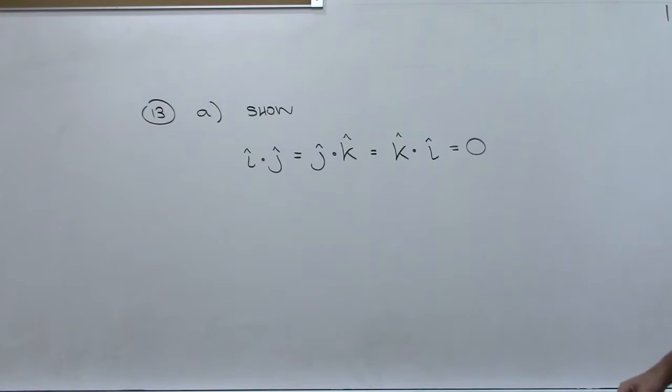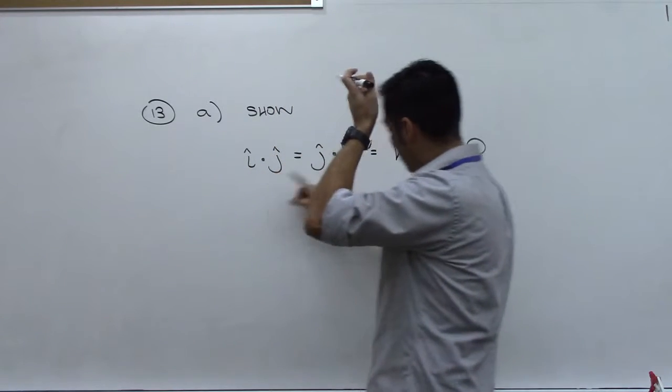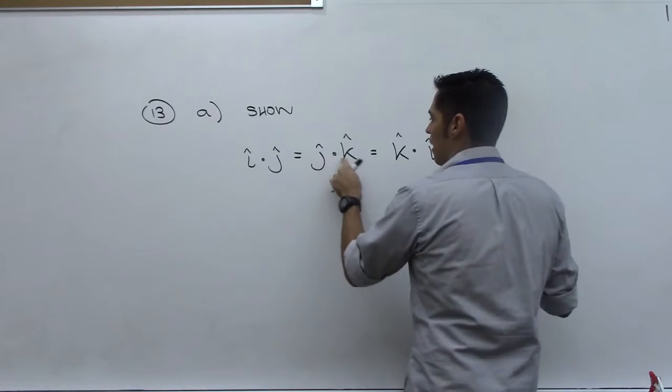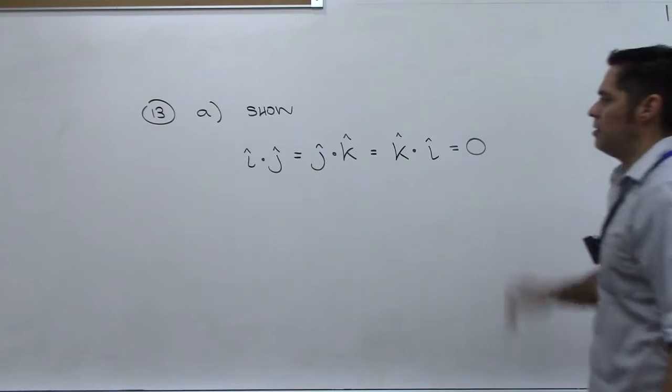So you're going to try and show that i hat dot j hat equals 0, that j hat dot k hat is equal to 0, and k hat dot i hat is equal to 0.